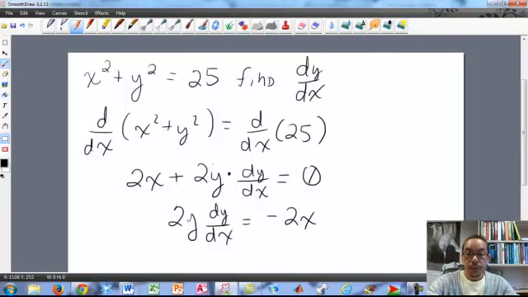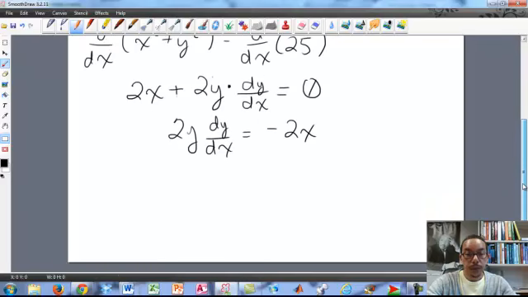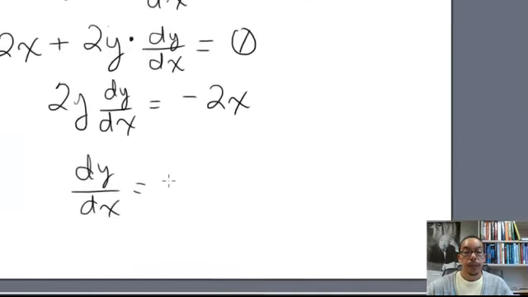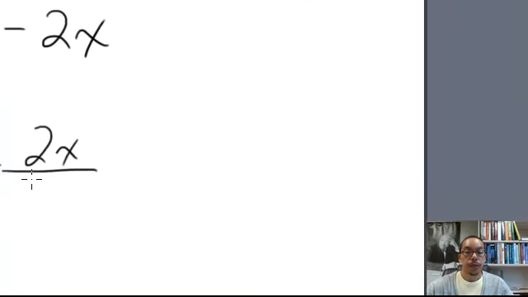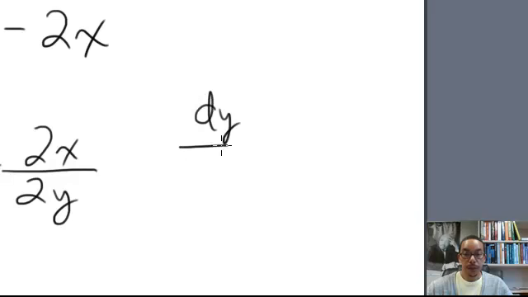Let's scroll down a little bit. We need to solve for dy/dx, so we divide both sides by 2y. So dy/dx is equal to negative 2x over 2y. Finally, dy/dx is equal to negative x over y.